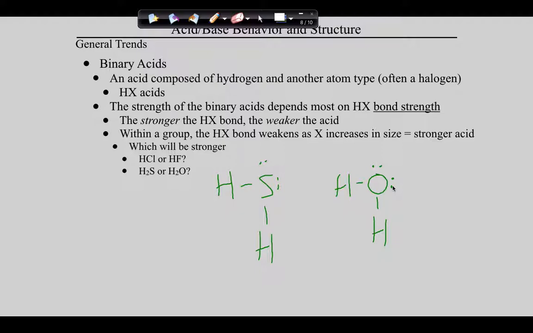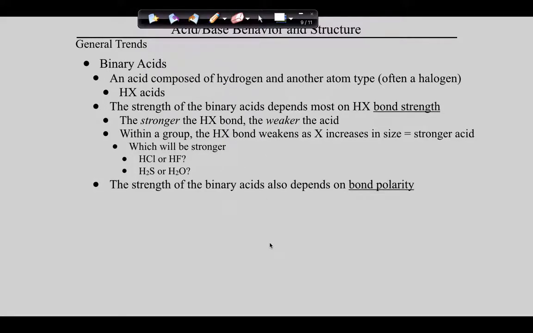Okay, but guys, understand the logic that I just explained to you only works in groups. What about across periods? Well, guys, a secondary predictor of bond strength is actually polarity. Now, as we've already established, the strength of an acid increases as the polarity of the bond increases.